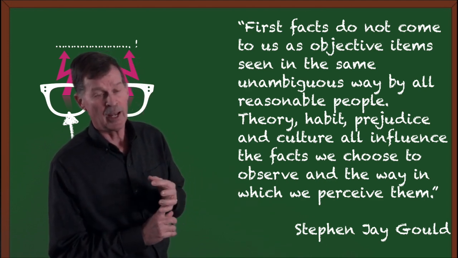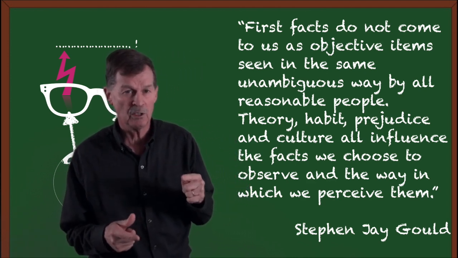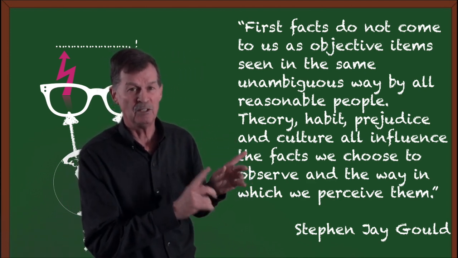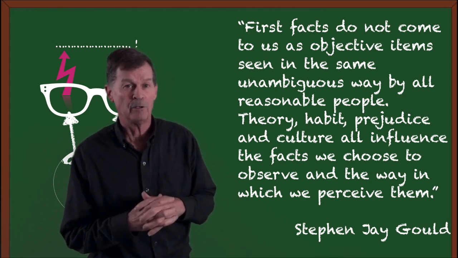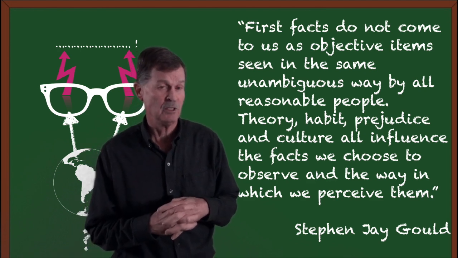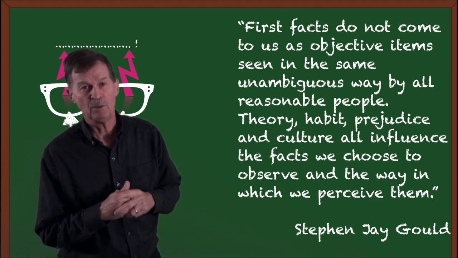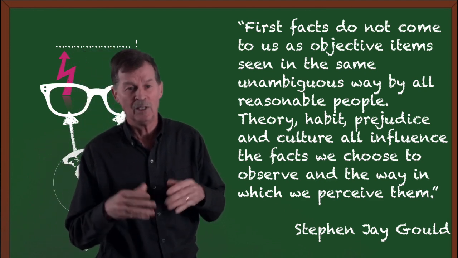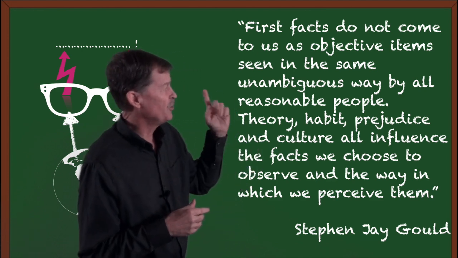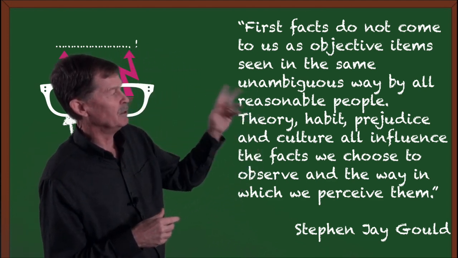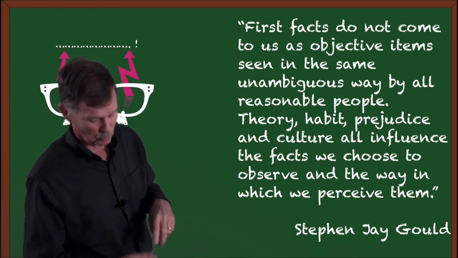And I would add spirits, the spirit world. The spirit world, as we have seen, has had great influence upon the development of modern science, modern thinking, modern rationalism, and the scientific method. So I think we need to include that factor to not be blindsided, to not be blinded to all the different factors, theory, habit, prejudice, culture, and spirits that influence the facts we choose to observe and the way in which we perceive them.